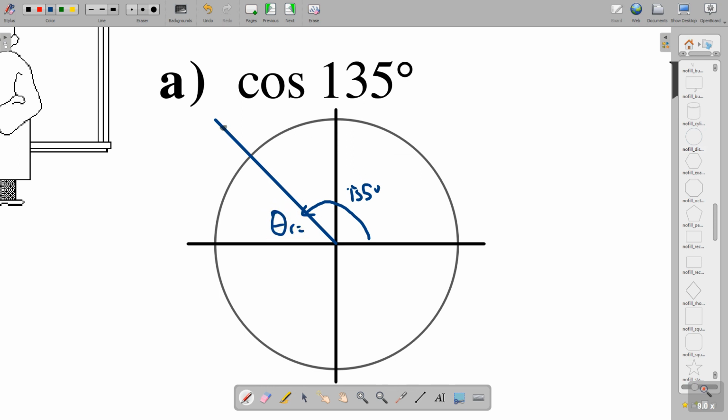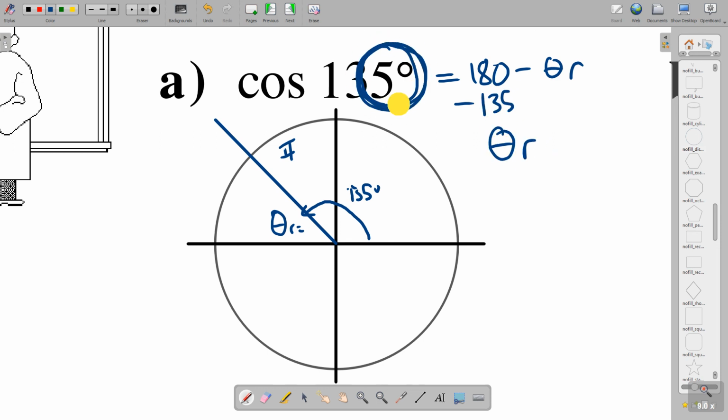So in this case, because I'm in quadrant 2, the standard angle is equal to 180 minus the referent angle. To figure out the referent angle, I can go 180 minus 135, and that gives me a very special number. By the way, here's a hint. It's the 45.